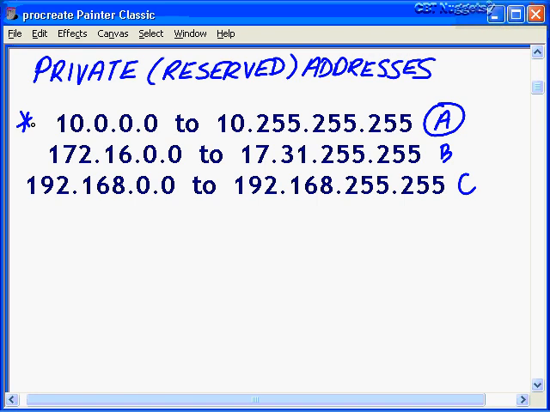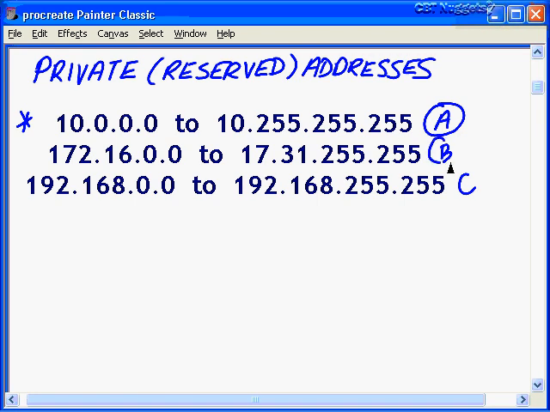In other words, if a packet that has the address of 10.1.0.0 hits a router, let's say that's at the edge of a large organization or in an ISP or a service provider on the internet, that packet's going to get dropped. It will not be routed. It's recognized as a private reserved address.